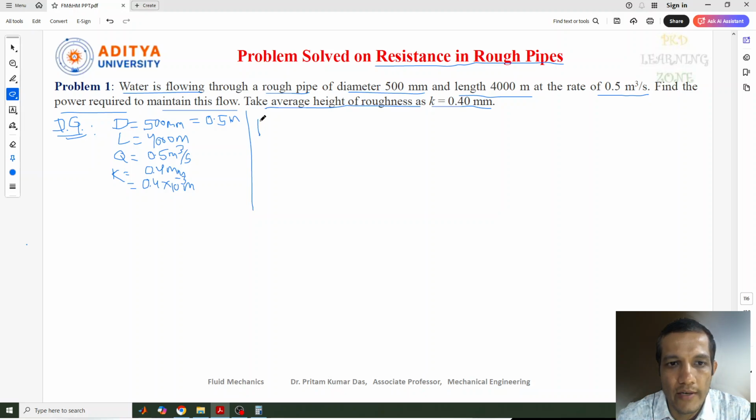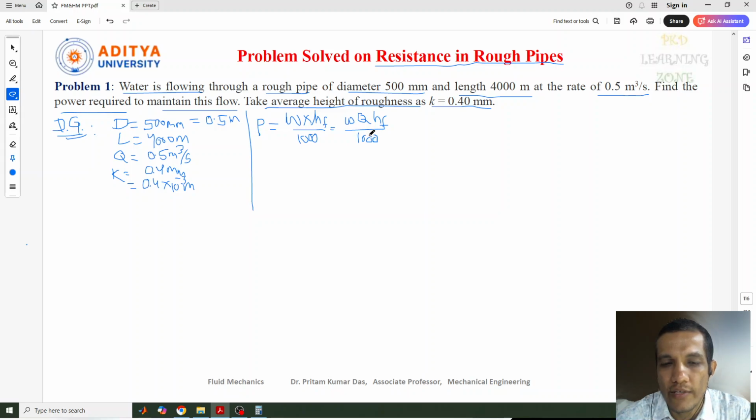We need to calculate the power required to maintain this flow. We know that the power required equals W into hf by 1000, where W is the weight. In place of the weight we can write small w into Q into hf by 1000.